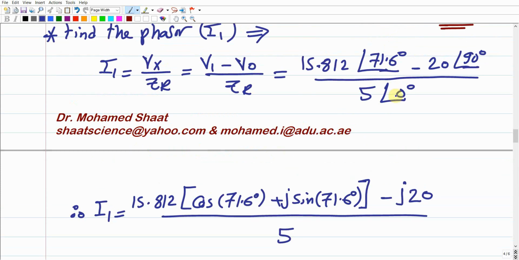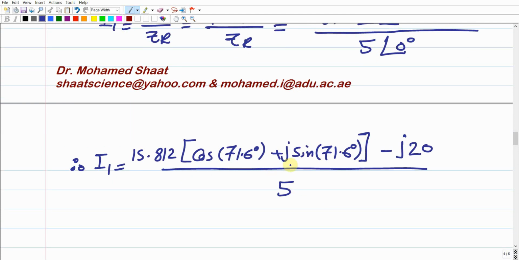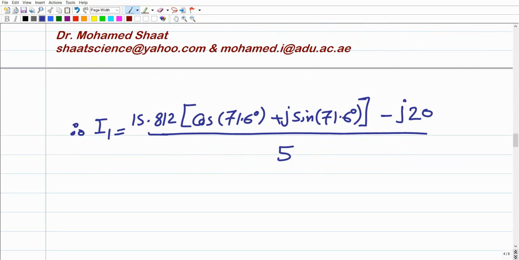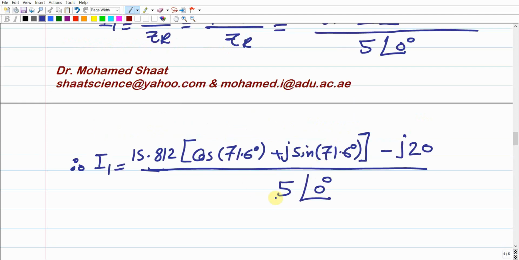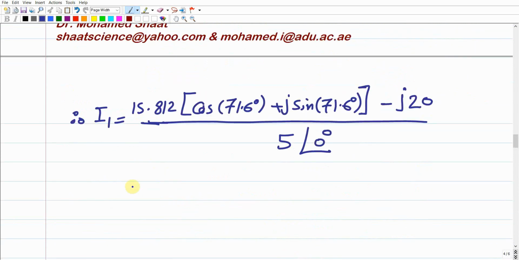The angle 0 gives 1, so it's just a real value, 5. We can leave this one in the polar form as long as we're going to do the division, but we need the term on top in the rectangular form. This is what we did, we expanded into cosine and sine. Then you do this calculation, and you end up with a real number plus j times an imaginary number.